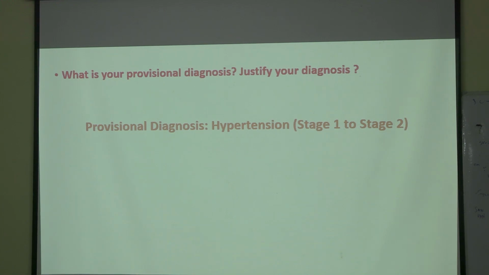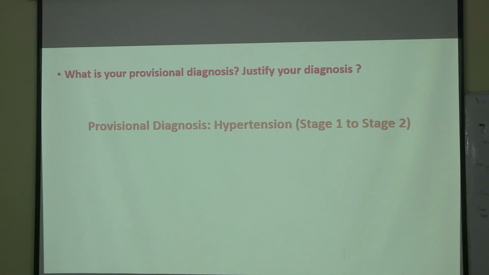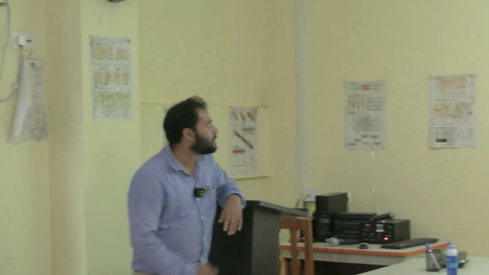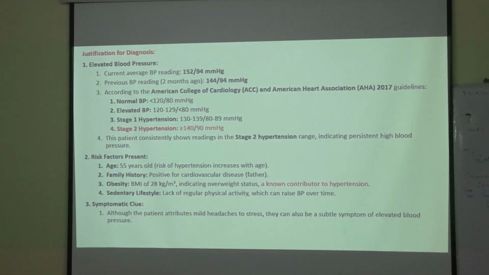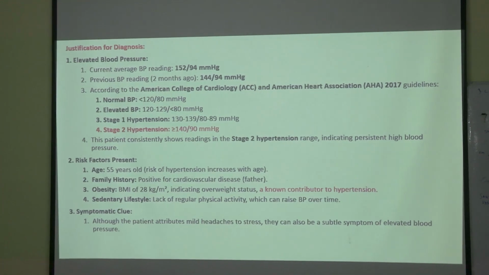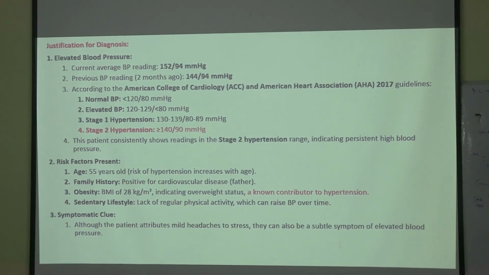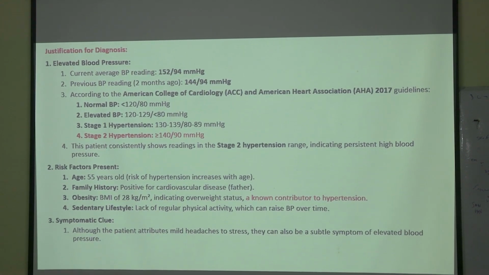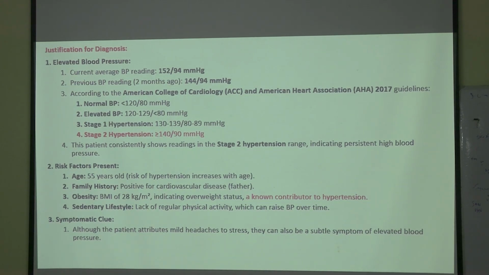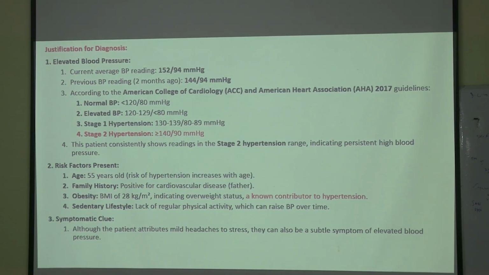So what are the justifications for the diagnosis? There are some standard values for all those parameters, so-called reference values. If we compare the reference values with the values given in the case, we can easily diagnose the subject.